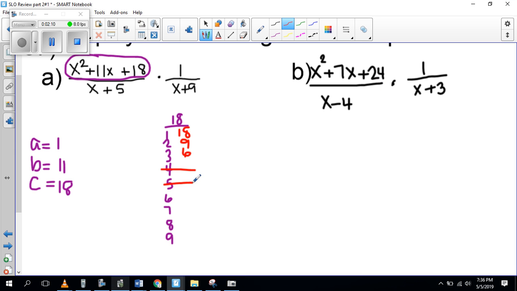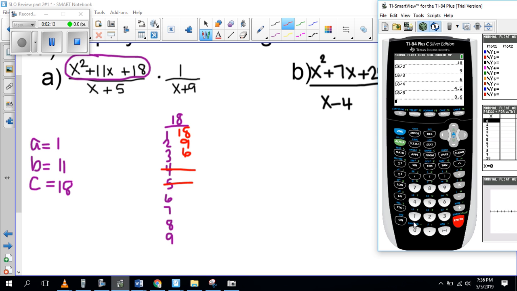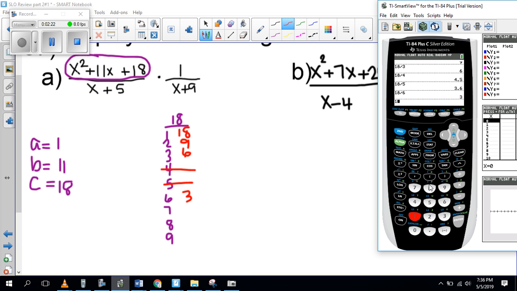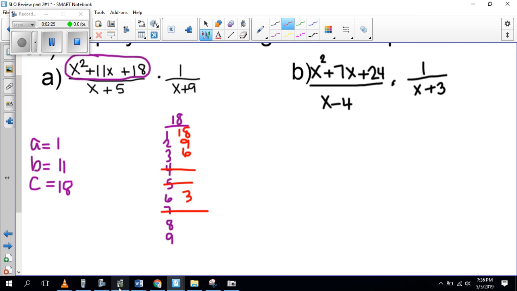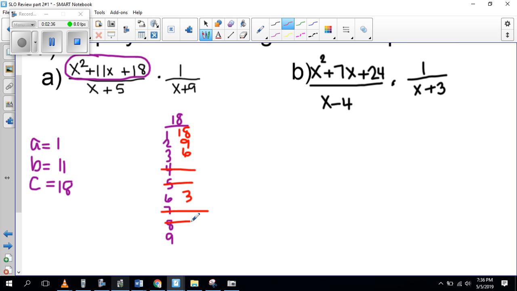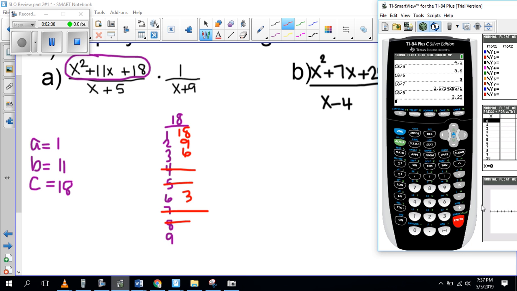We mark it out. 18 divided by 6, we get 3. 18 divided by 7, we're going to get a decimal. We mark it out. 18 divided by 8, we're going to get a decimal, so we mark it out. 18 divided by 9, and we're going to get 2.